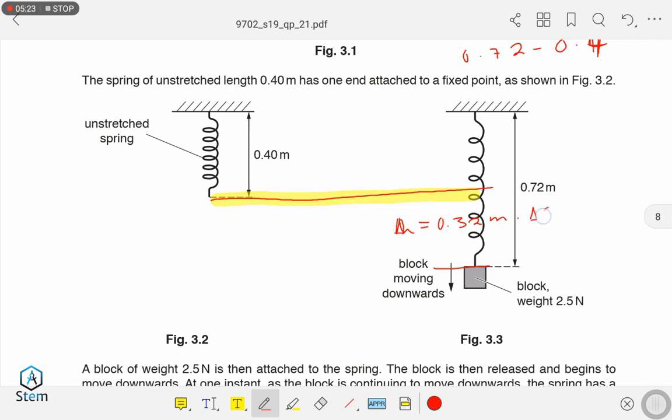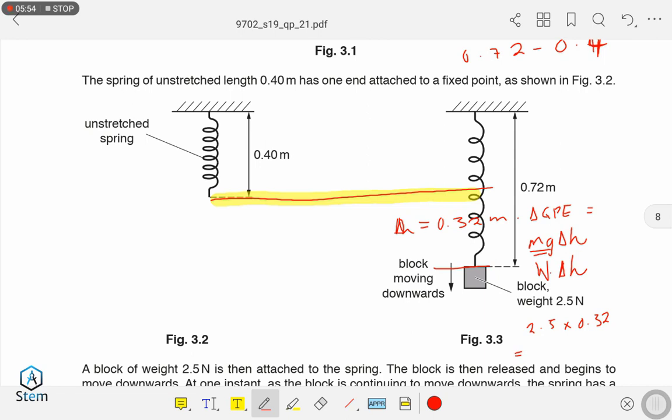Now we know that change in gravitational potential energy, which is change in GPE, is equal to mg delta H. Our mg is the weight, so we can say weight multiplied by delta H. So if we substitute 2.5 for weight multiplied by 0.32 meters for delta H, we will get the change in GPE.